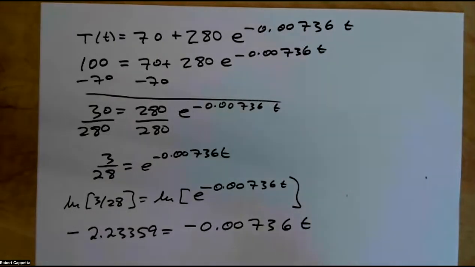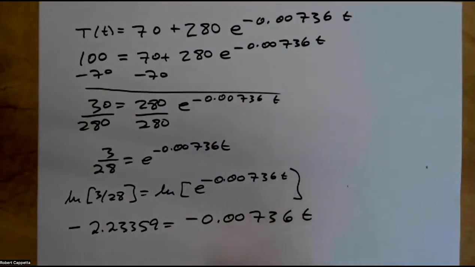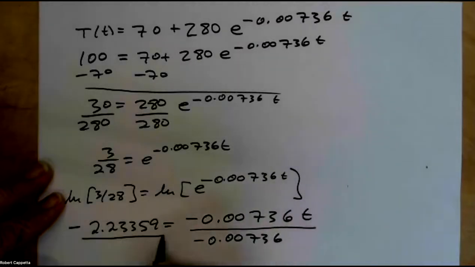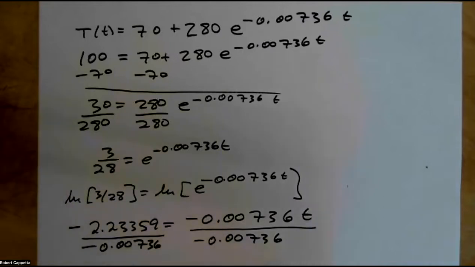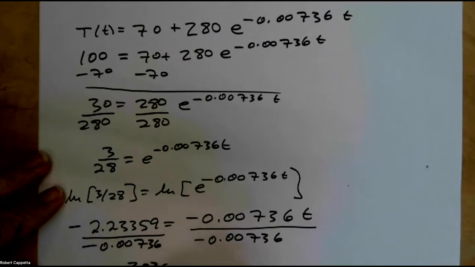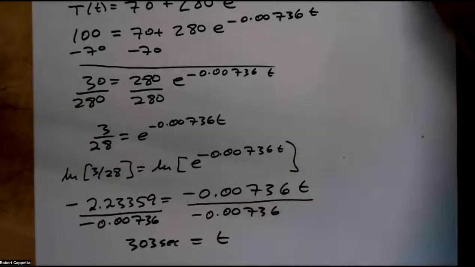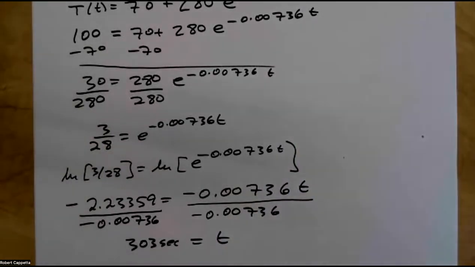Remember, our question is how much time must pass before we're at 100 degrees? Dividing both sides by negative 0.00736 gives me an answer of about 303 seconds. So it takes a little bit more than 5 minutes, according to this model, for that item that came out of a 350-degree oven to cool down to about 100 degrees.